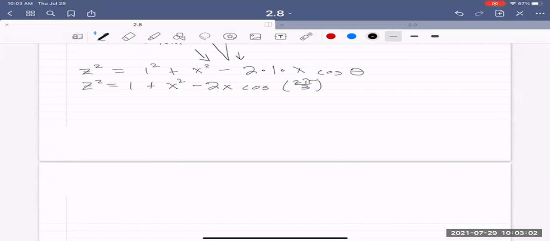Okay, so let's figure out what cosine is of 2 pi over 3. Well, let's recall. This is pi over 3, 60 degrees.